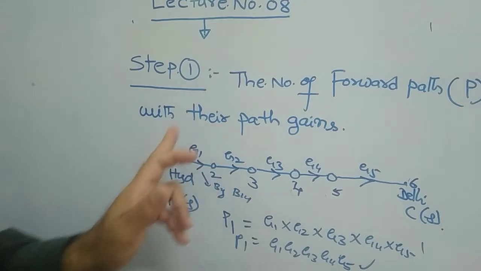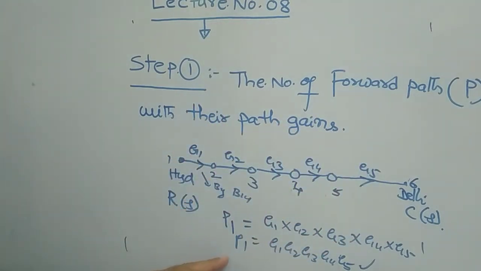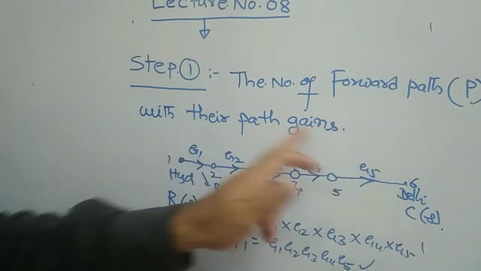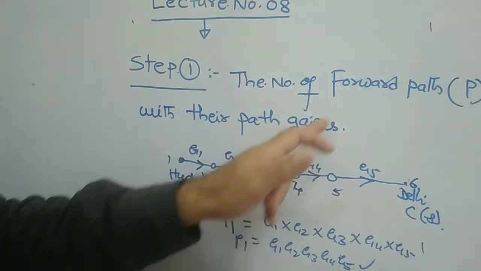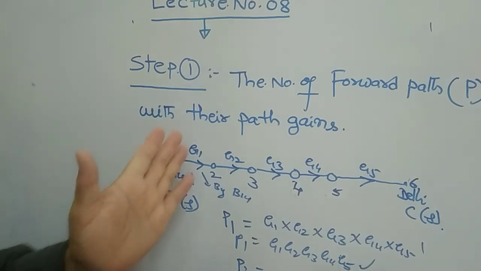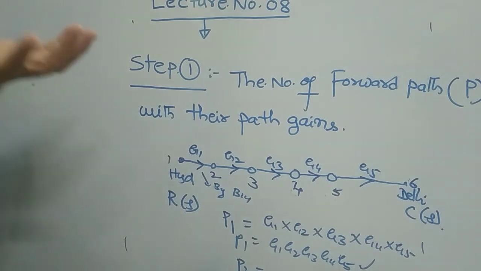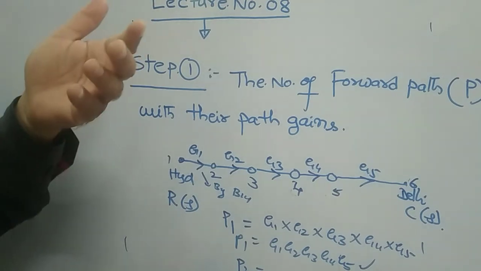Then you take it as path 2, P2, and the path gain is the product of each gain available on that route. Similarly, path 3 goes by air.